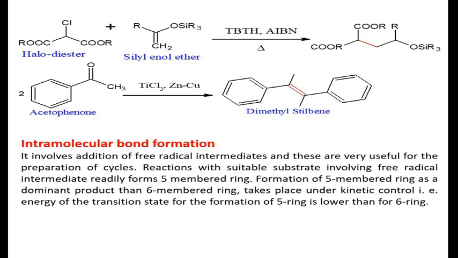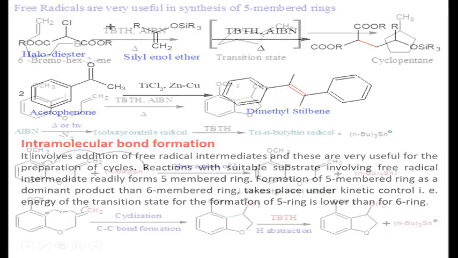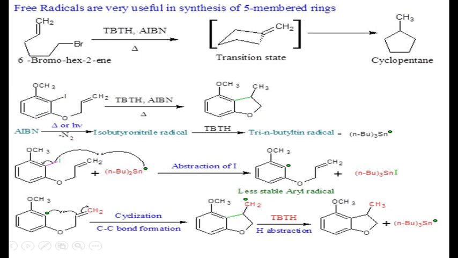We have also some examples which involve the formation of an intramolecular carbon-carbon bond. See these reactions. See the first reaction which we have already studied, 6-bromo-1-hexene. It is not 2-hexene, it is 6-bromo-1-hexene. It reacts with tributyl tin hydride and AIBN.